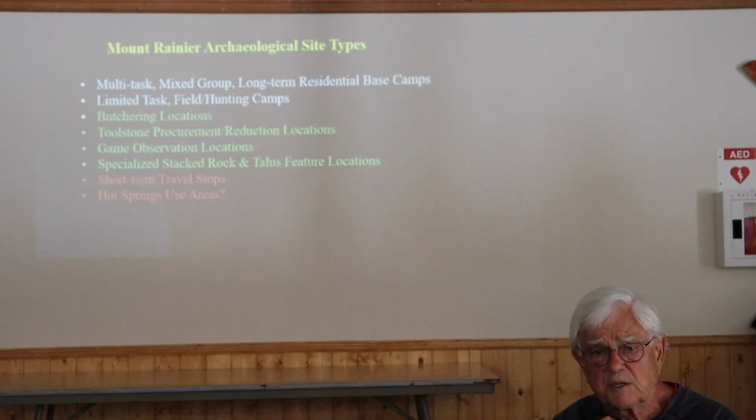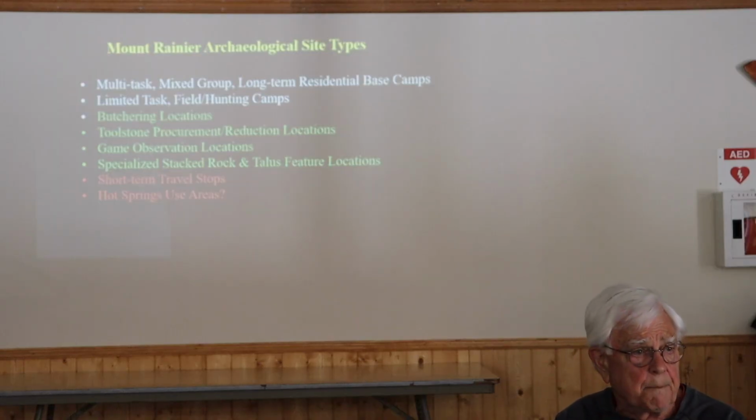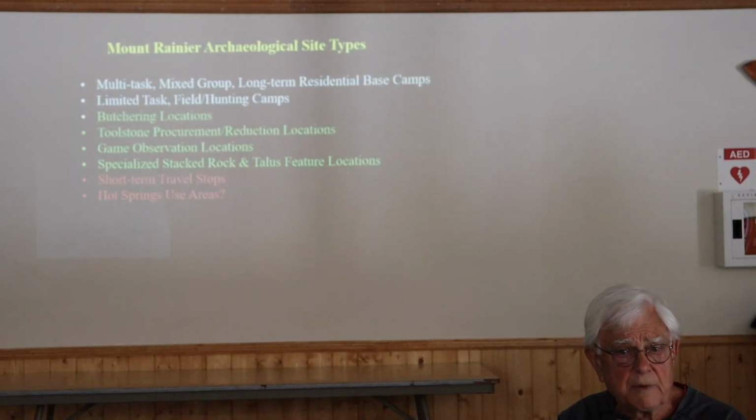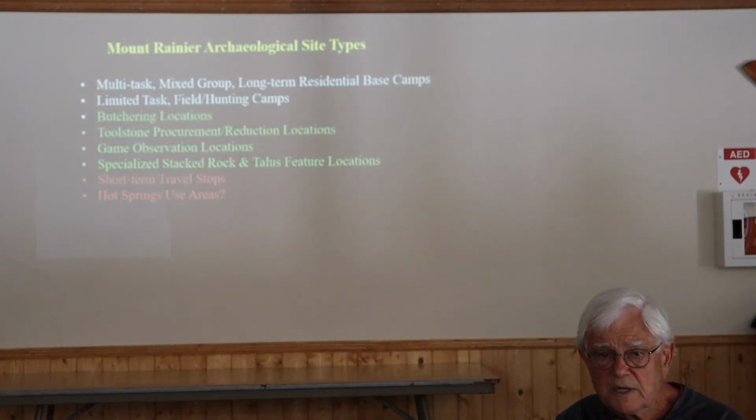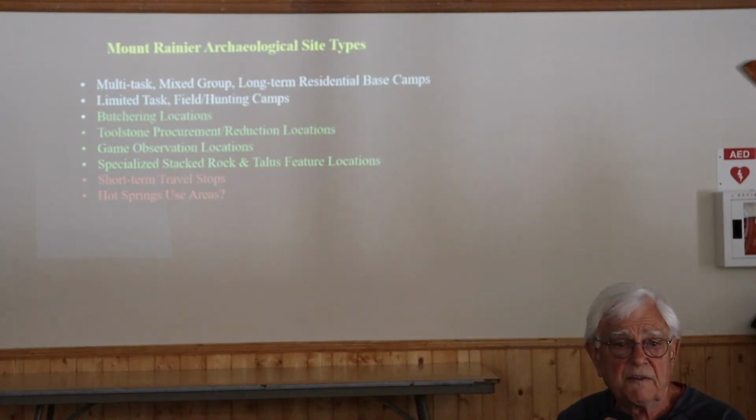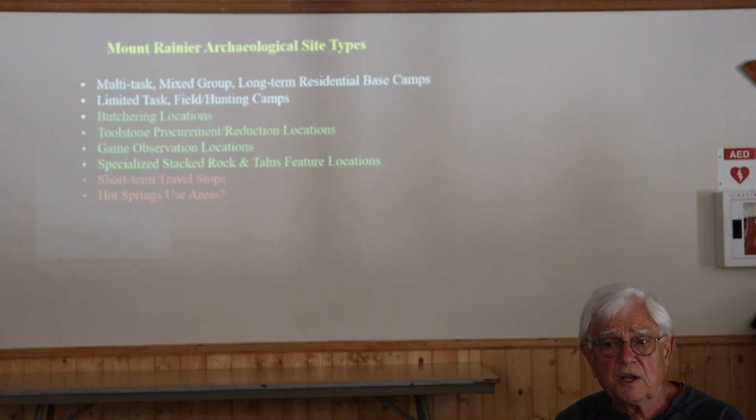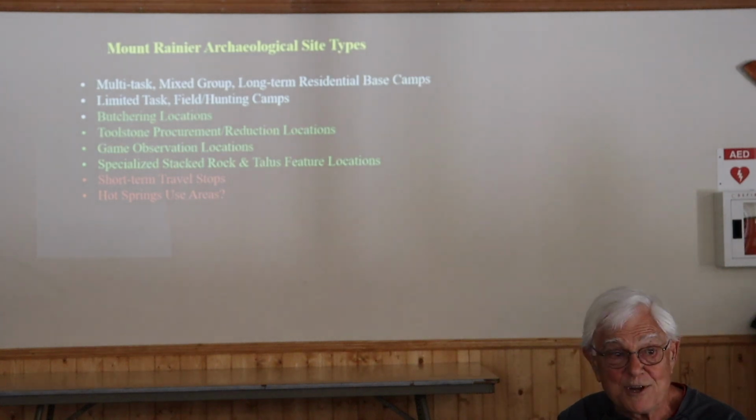First, the residential places, where people stayed a length of time on the mountain. We have basically two kinds. There are larger ones with lots of stuff of varied kinds: cutting tools, piercing tools, grinding, hearths, that kind of stuff, which suggests residential use of the landscape for an extended period. By extended period, that's hard to tell.